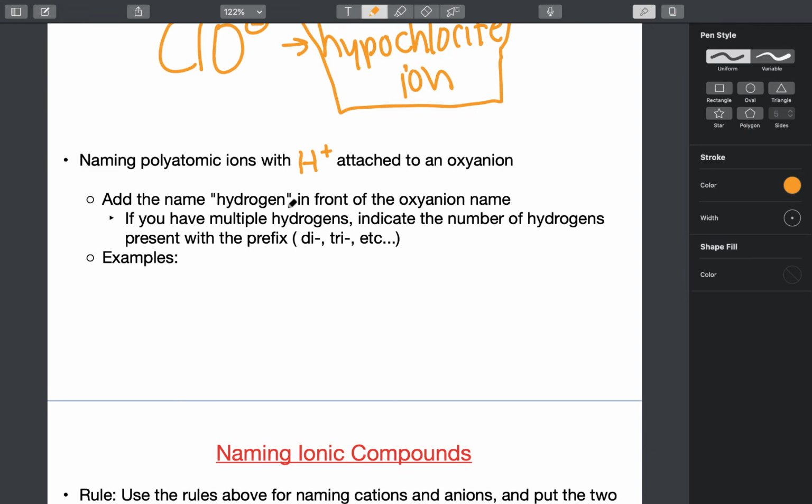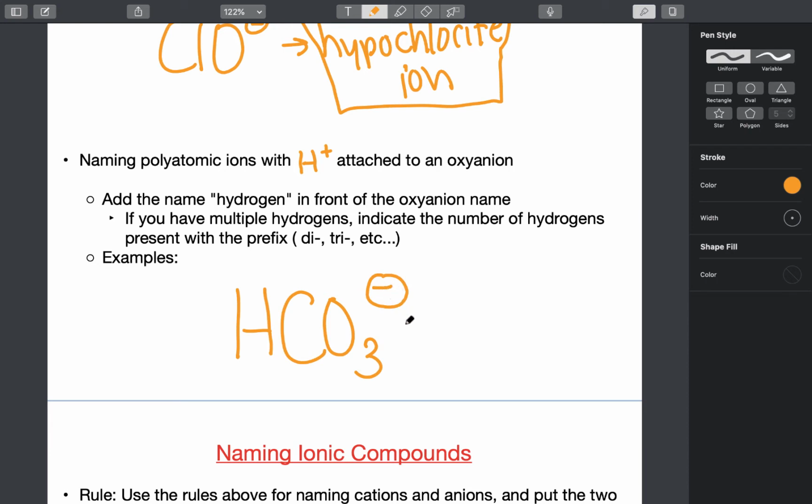So next we're going to talk about naming polyatomic ions with H+ attached to the oxyanion. In order to name these types of polyatomic ions, you add the name hydrogen in front of the oxyanion name, and if you have multiple hydrogens, indicate the number of hydrogens present with the prefix di, tri, etc. So one example would be HCO3 minus.